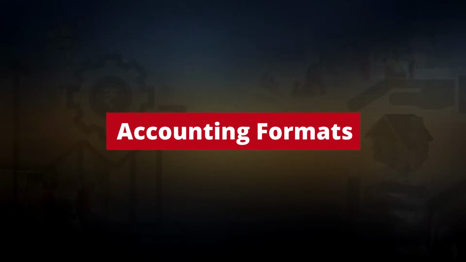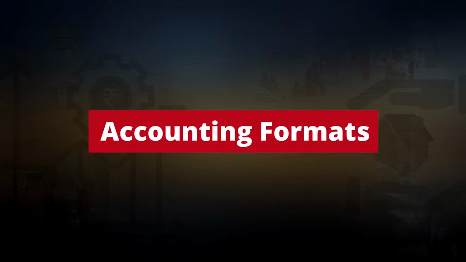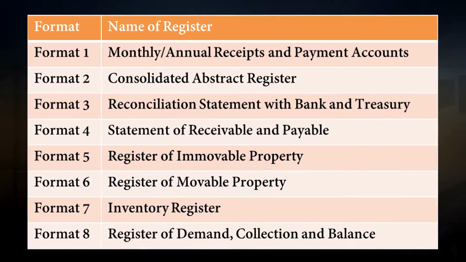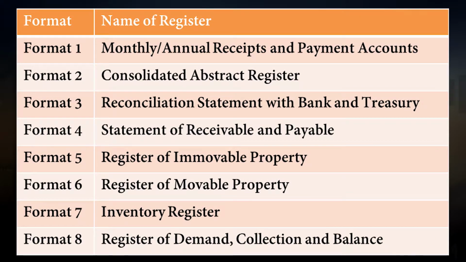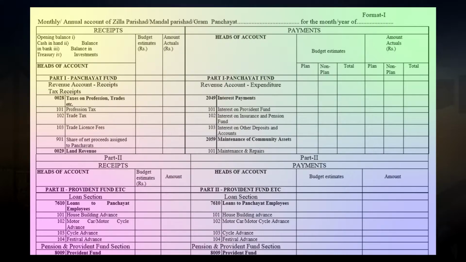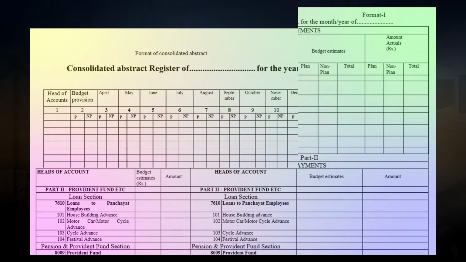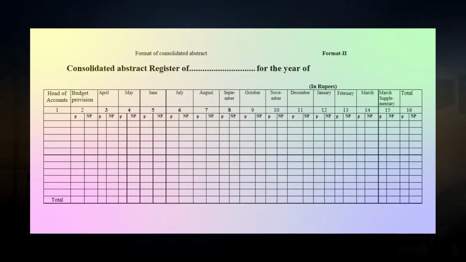Now we move on to the next topic, that is accounting formats. Under the Model Accounting System, 8 formats for maintaining the accounts are prescribed. Format 1, monthly annual receipts and payment accounts. Format 2, consolidated abstract register.